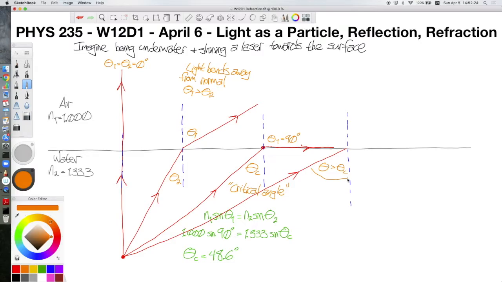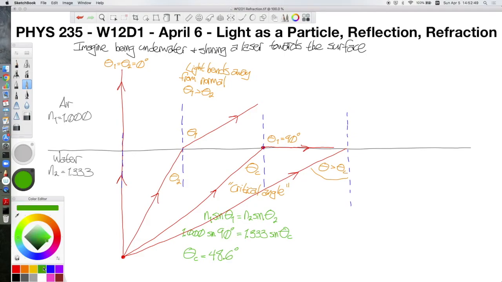What happens? So conceptually, we could look at our outgoing ray and say, well, our incoming ray bent even further from the normal, so our outgoing ray should bend even further from the normal. But you can't really get any further from the normal than 90 degrees. So it seems like refraction's not really going to work here.